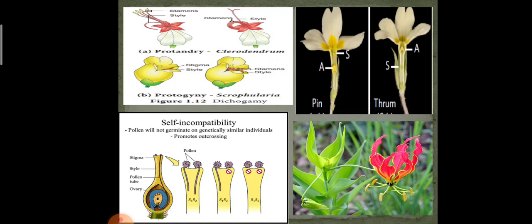Why not S1? Because the stigma, or female, consists of S1 and S2 genotype, so there is no formation of pollen tube with S1. In the third diagram, the genotype of the same plant is S1, S2 and S1, S2, so no pollen tube will form. That indicates self incompatibility. Because of these circumstances or devices, cross pollination takes place.